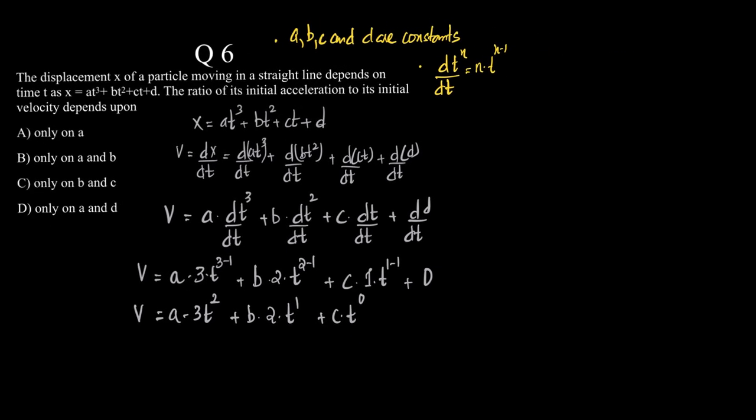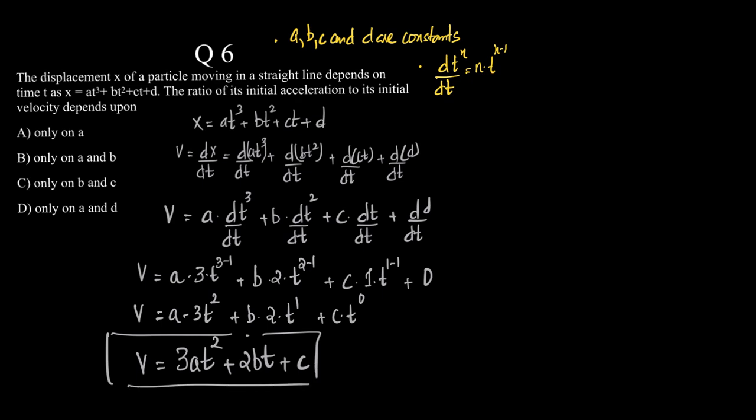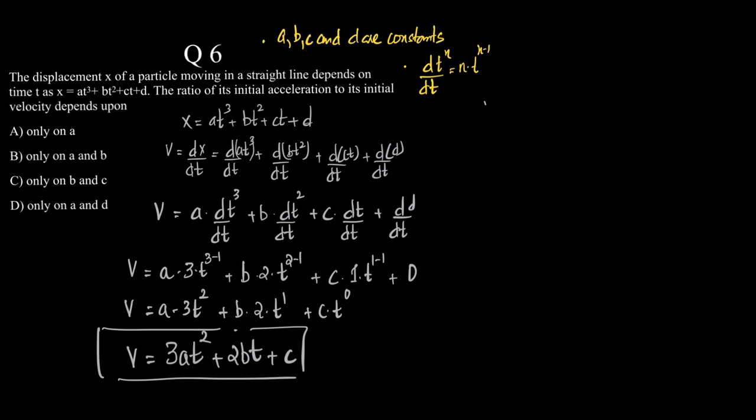This can otherwise be written as v is equal to 3a t square plus 2bt plus c, since t raised to 0 is 1. So we have an expression for v. Let me write it down once again: v is equal to 3a t square plus 2bt plus c.